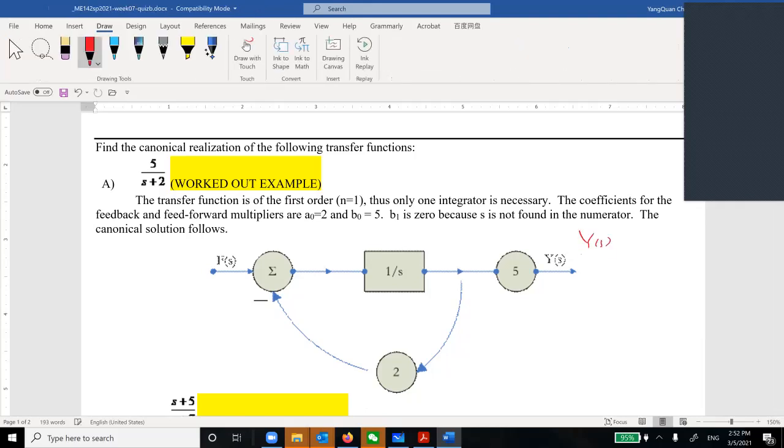I want you to show that Y(s) divided by F(s) is 5 divided by s plus 2. We only use all 3 types of building blocks. So you have a summation, an integrator, a gain, another gain. Others are just links, the wires. So I only use 3 building blocks, remember.